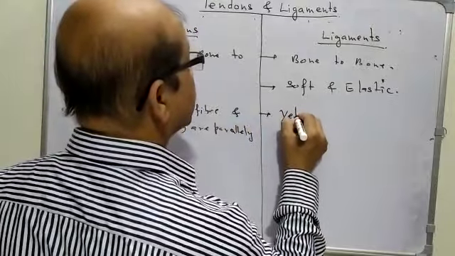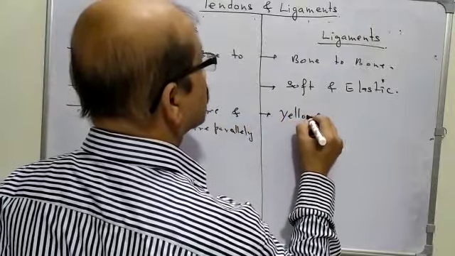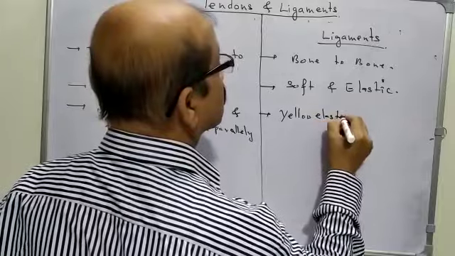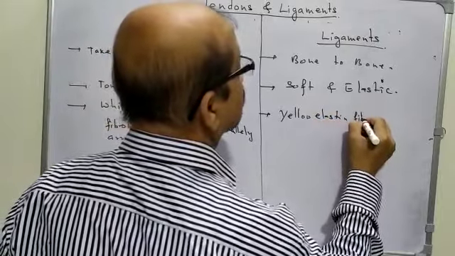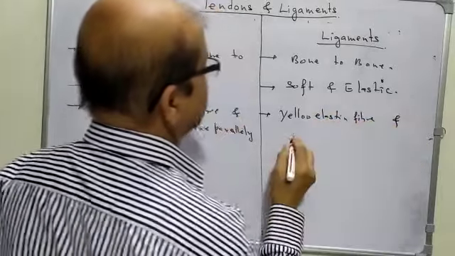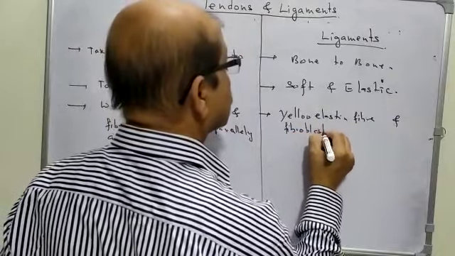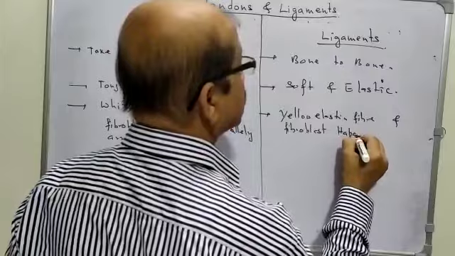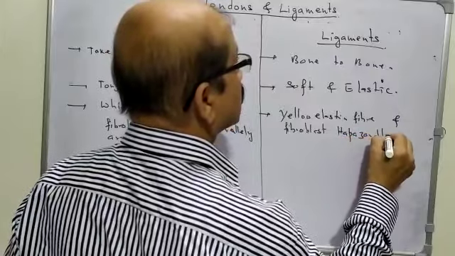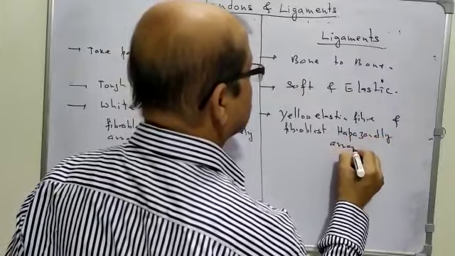Ligaments are made up of yellow elastin fiber and fibroblast, haphazardly arranged.